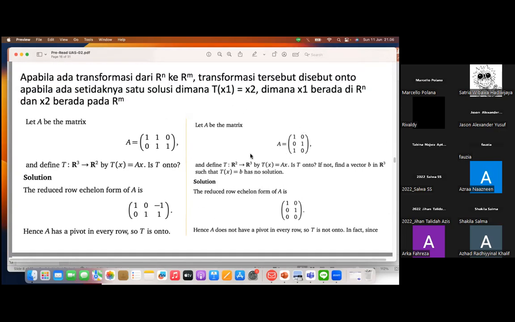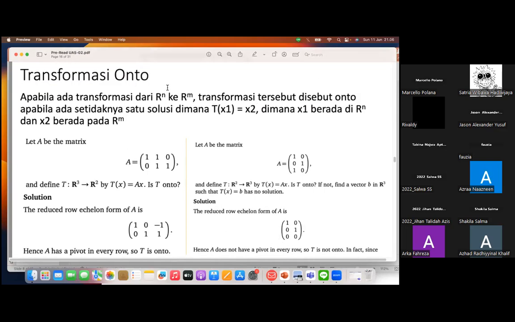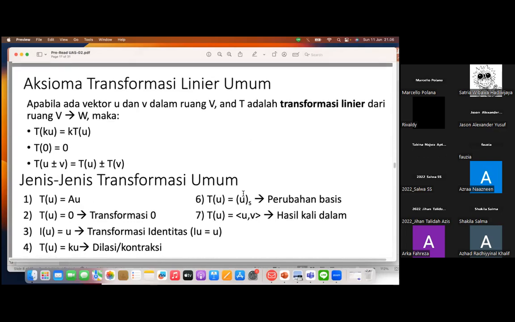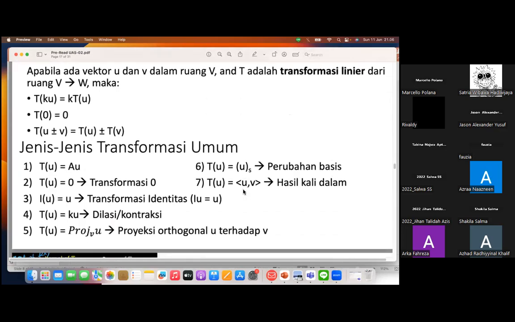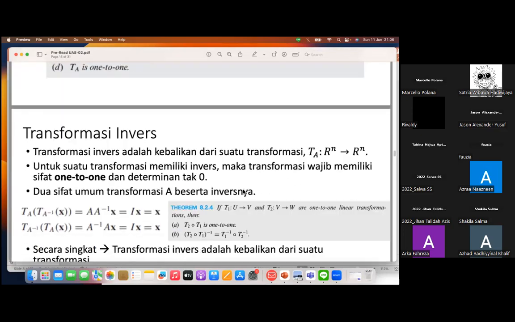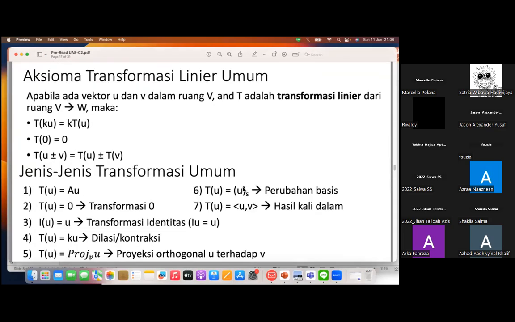Now, this one is not onto because it does not have a pivot in every row. This is the official language, but to be honest, even I have difficulty understanding what this means, so just use the example to make sure you understand. Now we go here. Oh yeah, guys, make sure you understand onto and 1-to-1, because it applies in a concept known as isomorphism later.